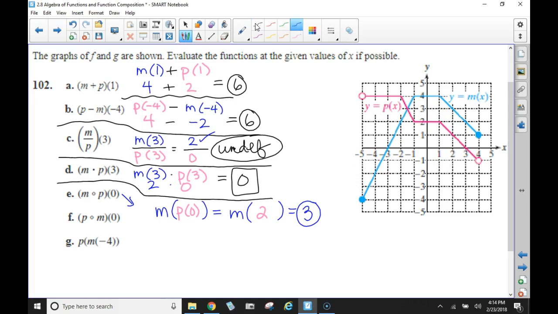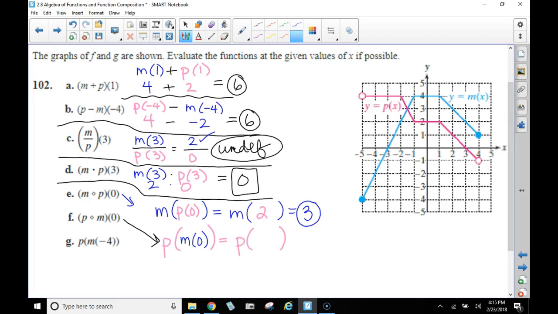All right, let's do F now. F says P composition M evaluated at 0. Now the outer function is the P function, and we're going to evaluate it at M at 0. Once again, work from the inside out.